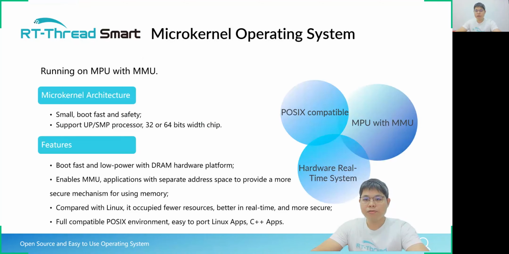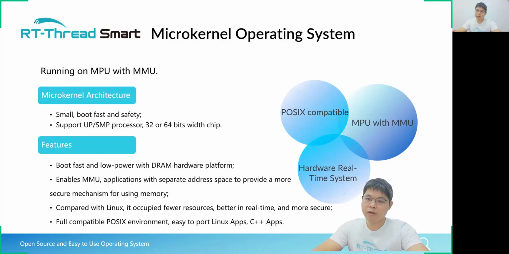As you know, RTOS Smart is a microkernel operating system which is developed based on RTOS. RTOS Smart is aimed to run on processors with a memory management unit. It has some nice features as below. First of all, it is small but fast and safe.